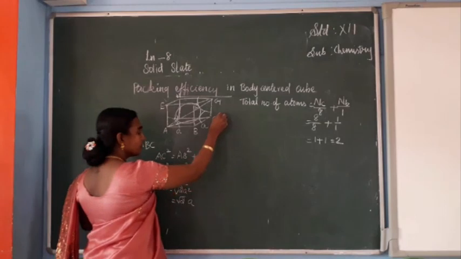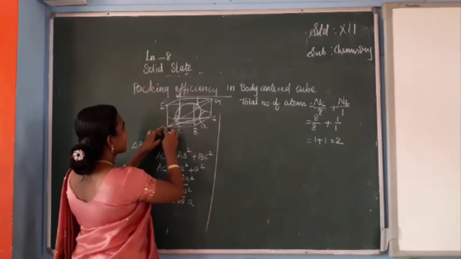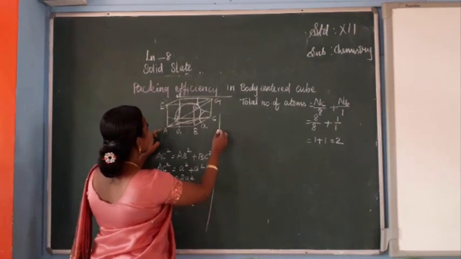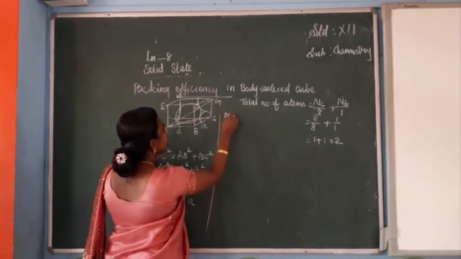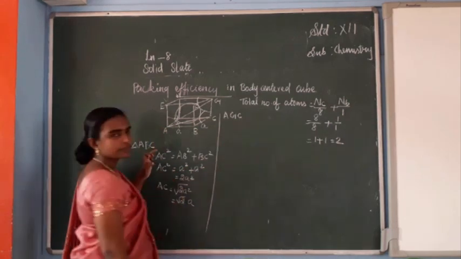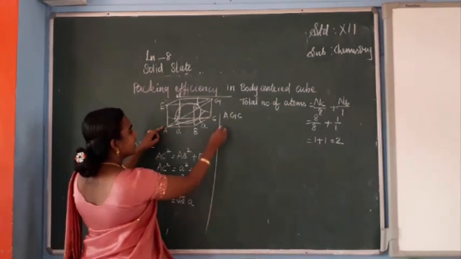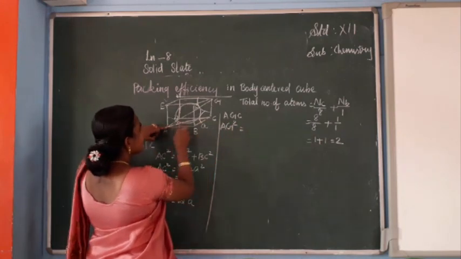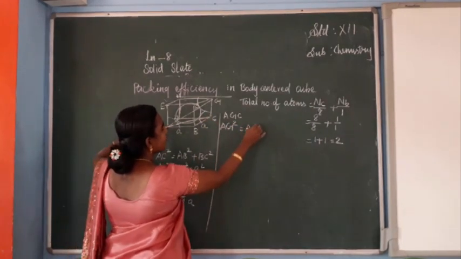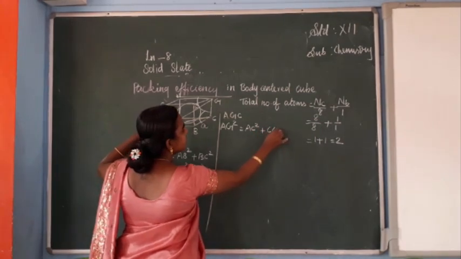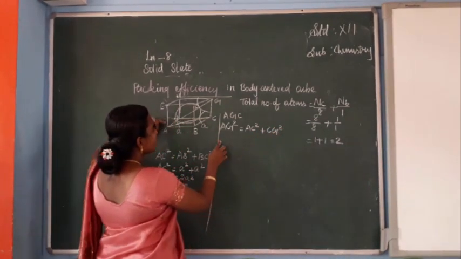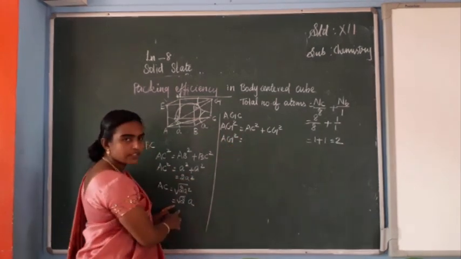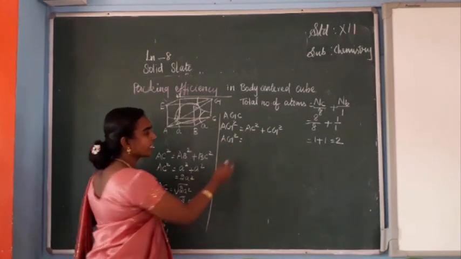Next, take this triangle AGC. Here AG square is AC square plus CG square. So AG square is equal to the AC value we already found, that is root 2 a, isn't it?